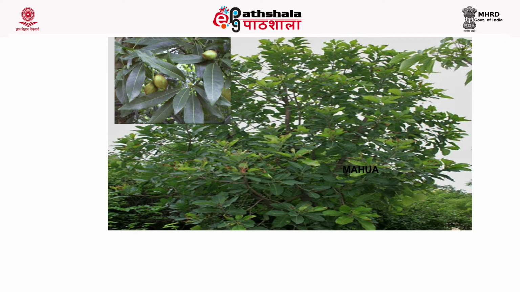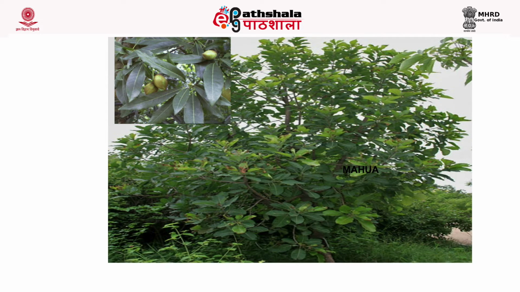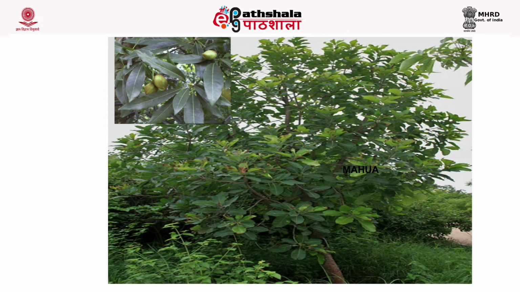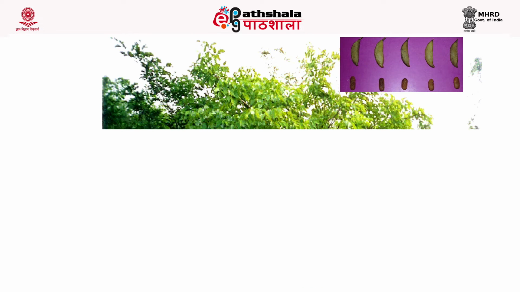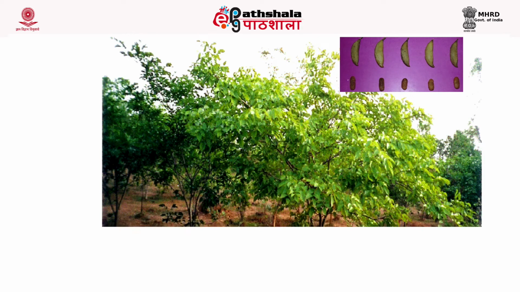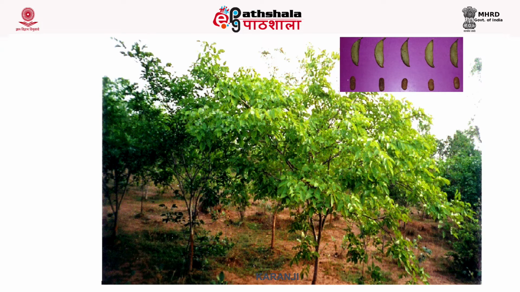The fruits obtained from the Mahua tree are removed, then seeds are taken out, they are dehusked and are converted into oils. And similarly, we have another crop, that is Karanja oil, that is also a non-edible oil and has the potential for its conversion into biodiesel.